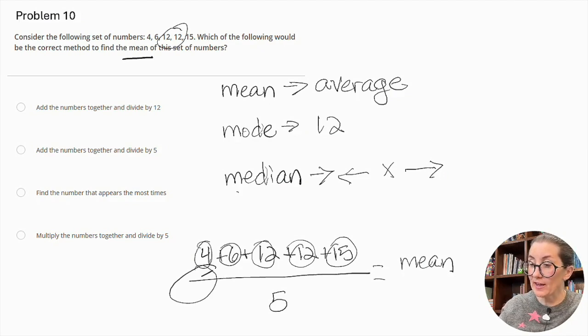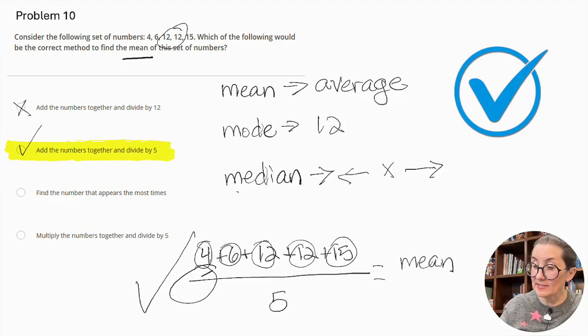Add the numbers together and divide by 12. No. Add the numbers together and divide by 5. That is correct in this case. So this is our correct answer, but let's look on. Find the number that appears the most times.